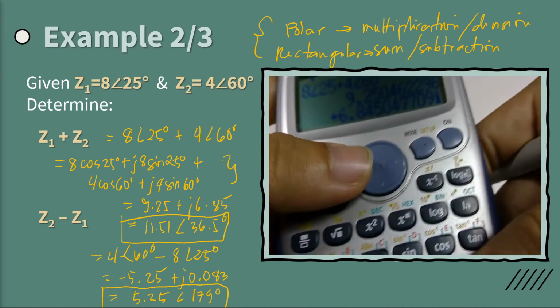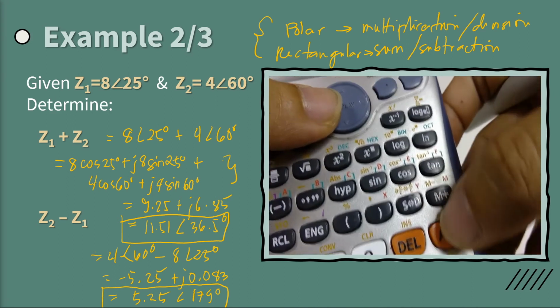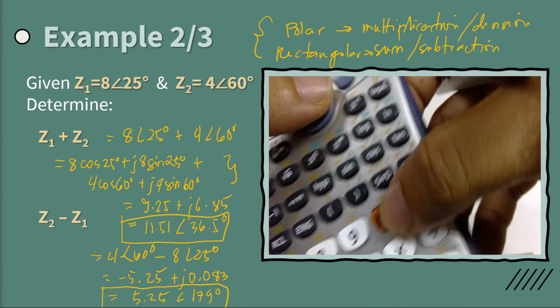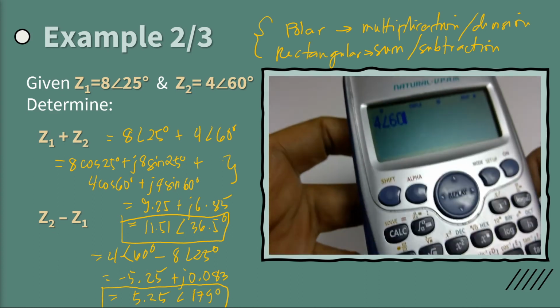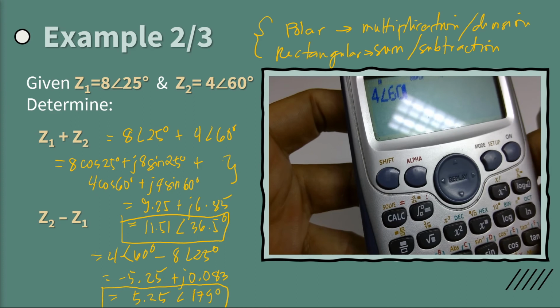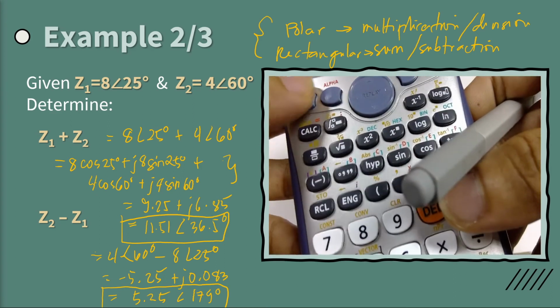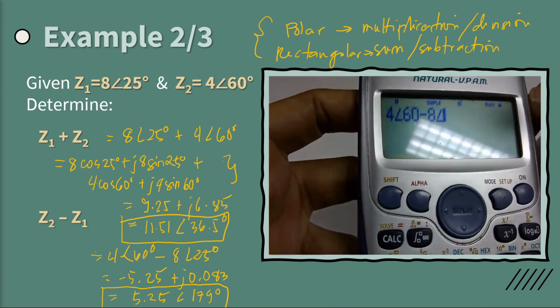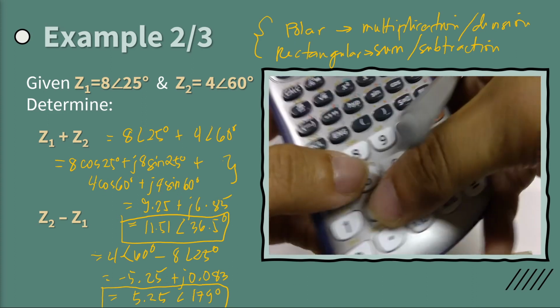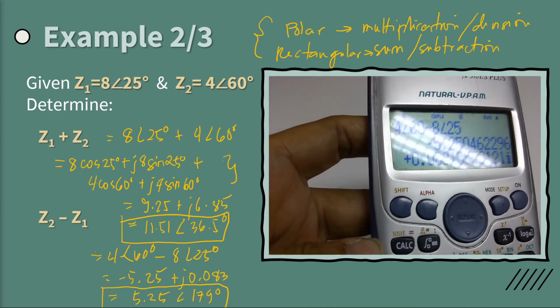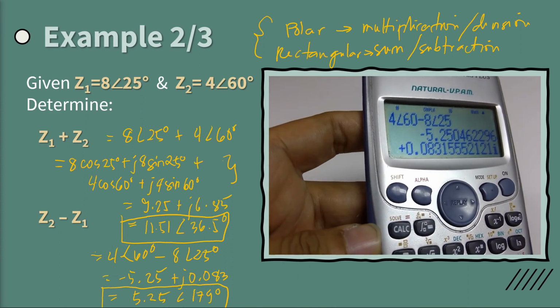Now how about the subtraction? We just simply edit this: 4 angle 60 minus 8 angle, sorry, that should be 25. You see here first the rectangular form, because this is the default.